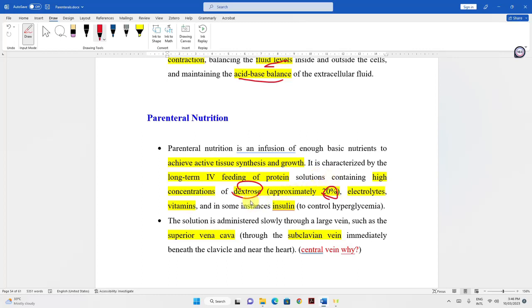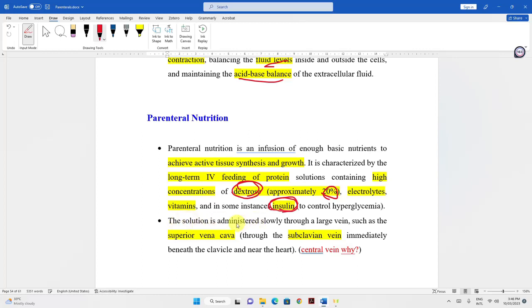In this case, we give a high concentration of dextrose, we give electrolytes, vitamins, and in some cases insulin. See, we are giving a lot of glucose. We might need to give insulin to control hyperglycemia and to allow glucose to get into the tissues.